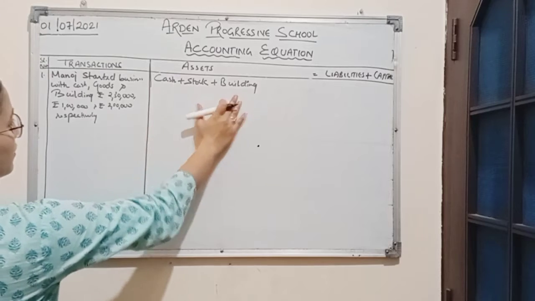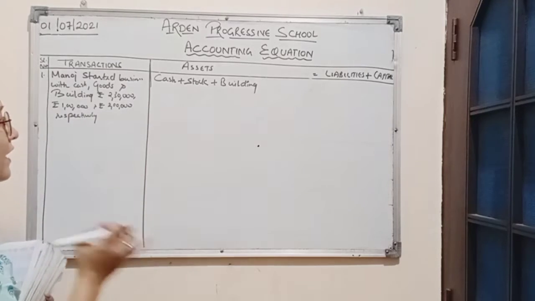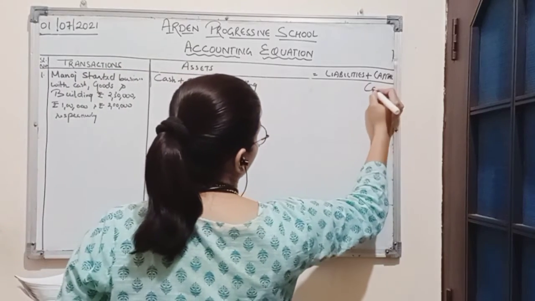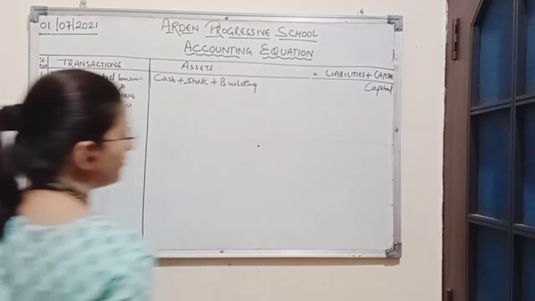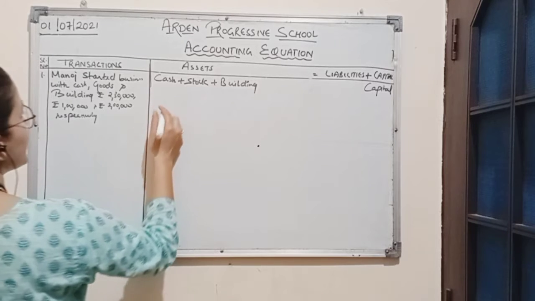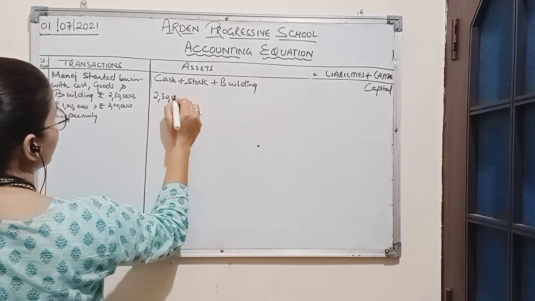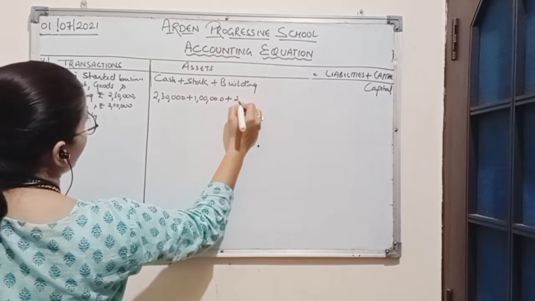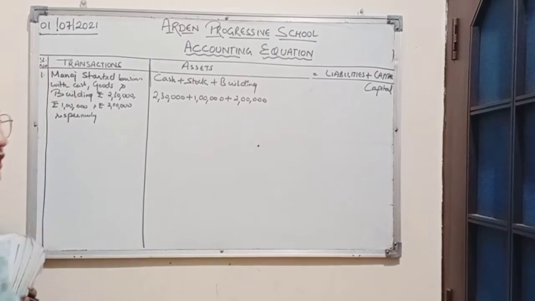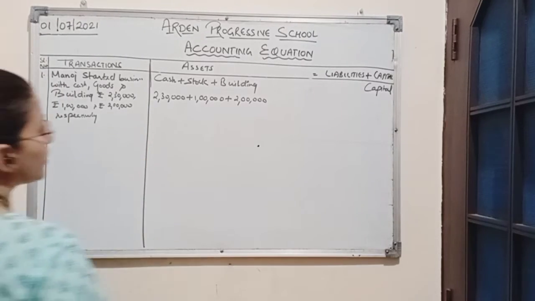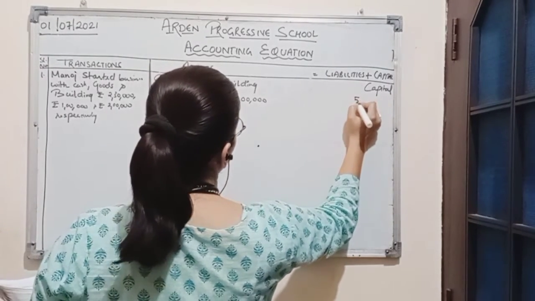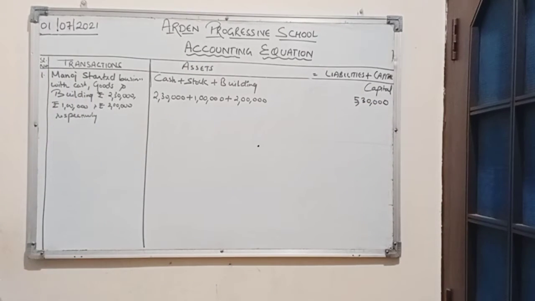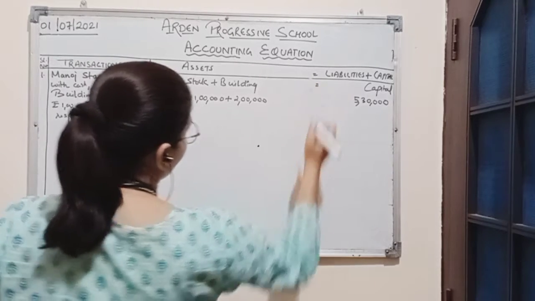So, we will add these amounts, 2,30,000, 1 lakh and 2 lakh, and write the total as capital. Now, cash is rupees 2,30,000, stock rupees 1 lakh and building 2 lakh rupees. If we add these values, we get the total amount 5,30,000. So, 5,30,000 will be considered as capital.